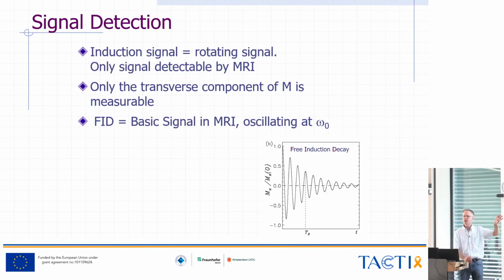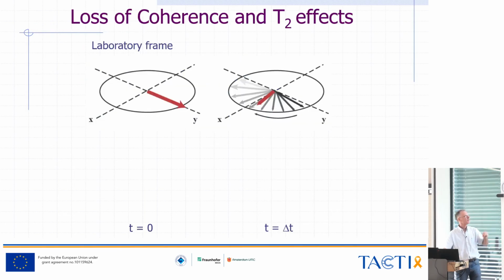Our magnetization will just decay, and if we do have different magnetic fields in close regions, so if we have an inhomogeneous field, then the magnetization will dephase very rapidly, and our signal decays so quickly. In the laboratory frame, it will look like this.